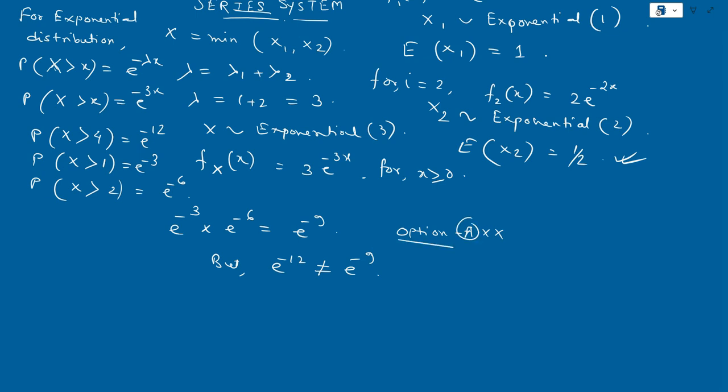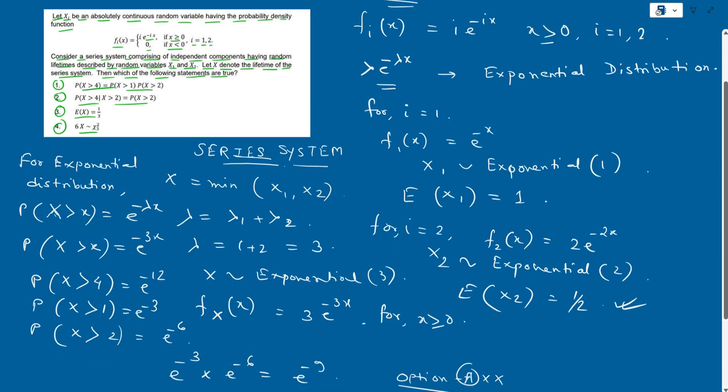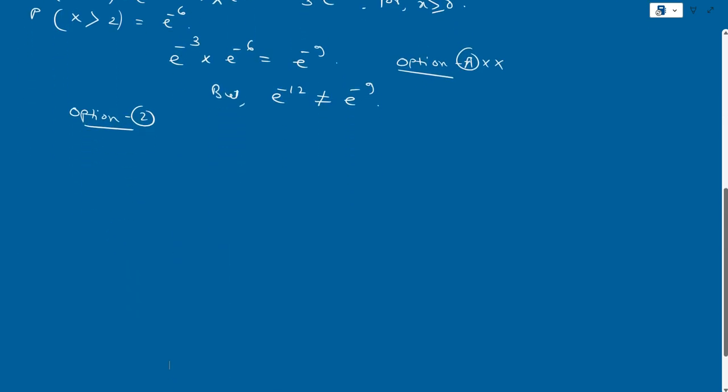Now, come to option 2: probability X greater than 4 given X greater than 2. The exponential distribution has a gold medal property called the memoryless property.